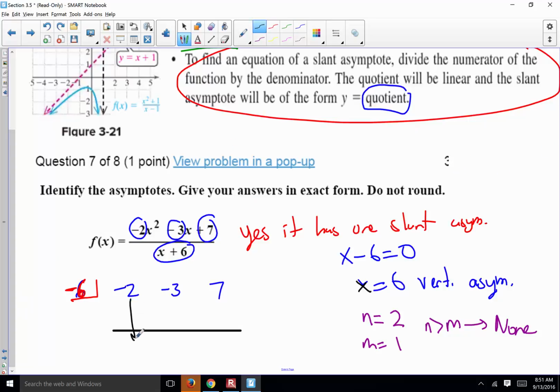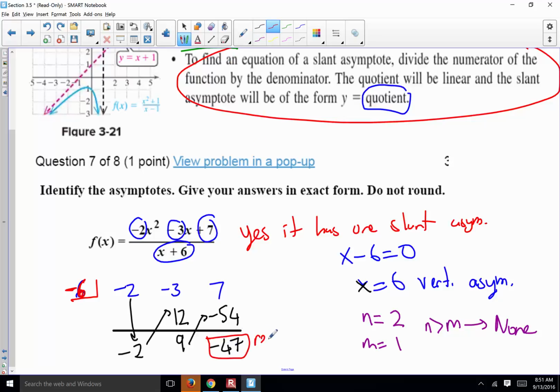Hence, we first bring this down, multiply by minus 6 and put it underneath, which is 12. It's a 9. Multiply by 9. We get minus 54. That's minus 47. We don't care about this anymore.